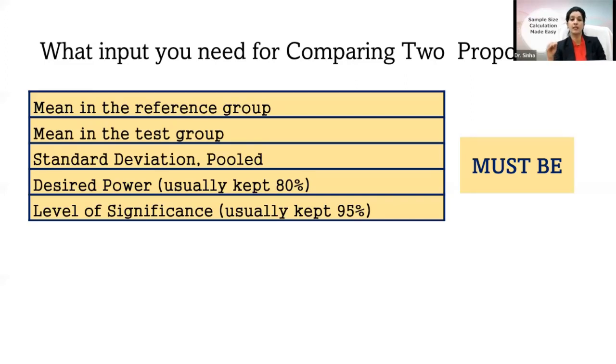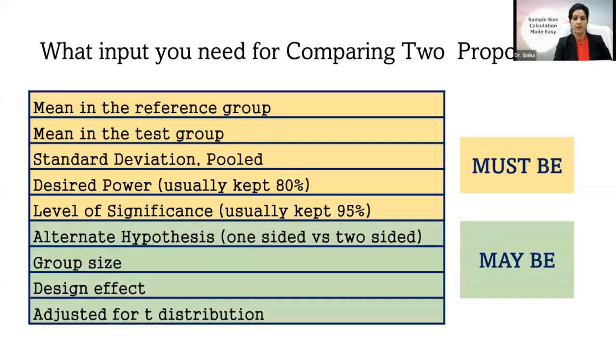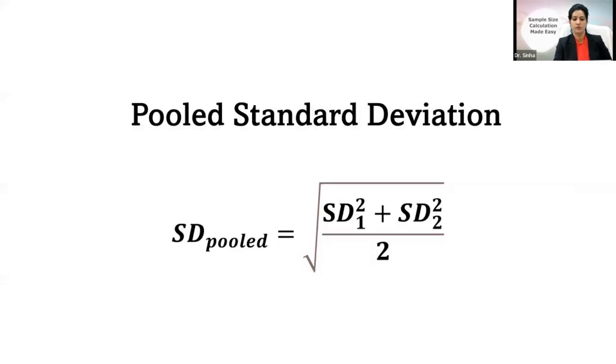Now here the concept of pooled standard deviation comes, and this figure you may need to calculate manually, because generally we have seen that in literature this pooled standard deviation is not available. So you need to do it, and we will show you how. Then the desired power and level of significance you will know. And then again the alternate hypothesis is one-sided or two-sided. We have discussed this, so I'll go directly.